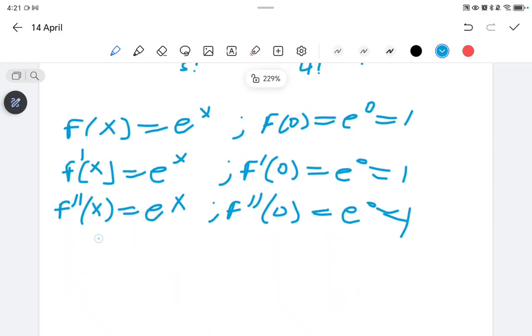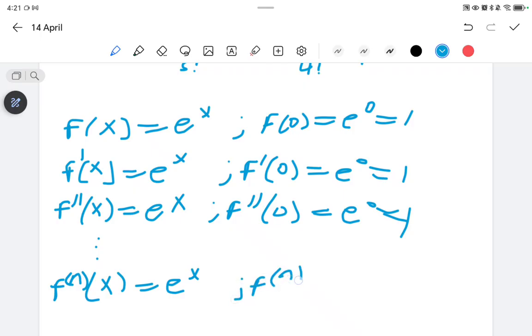So this will occur up until f^(n)(x), which should remain the same. We'll put brackets because that will be a number, right? Then f^(n)(0) is e^0, which equals 1. You see, right?